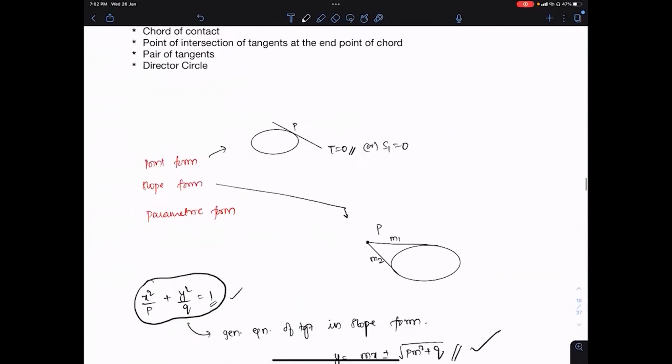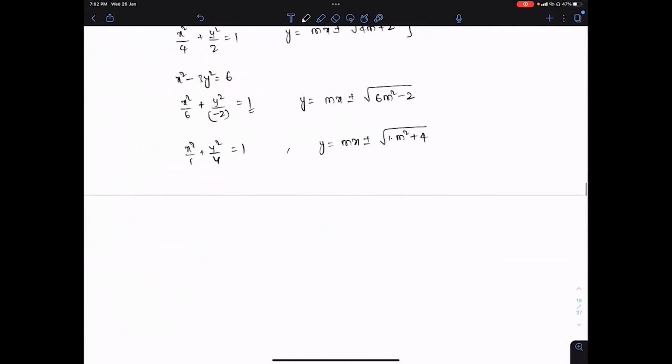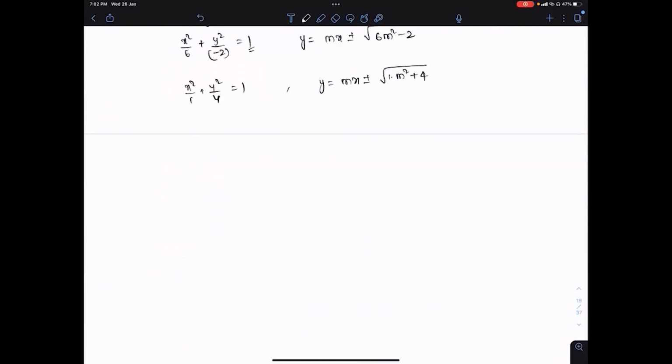Yeah, where were we? We were at slope form. Now, the last one is parametric form. The parametric form of tangent is pretty straightforward. It comes from the point form only.